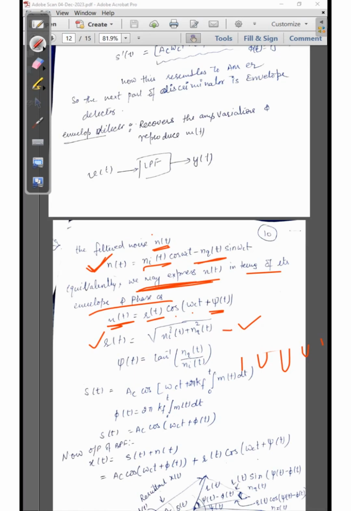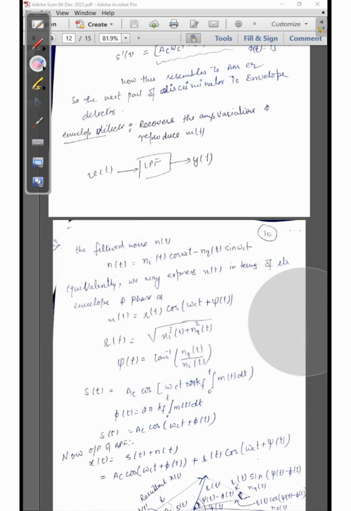Then what is psi of t? Psi of t is the phase, and I can write this phase as tan inverse of nq of t by ni of t. Right, I hope I am clear up to here. This equation is important; we are going to use it further. So n of t equals r of t cos(omega ct plus psi of t).